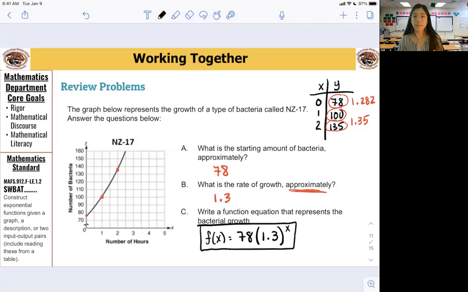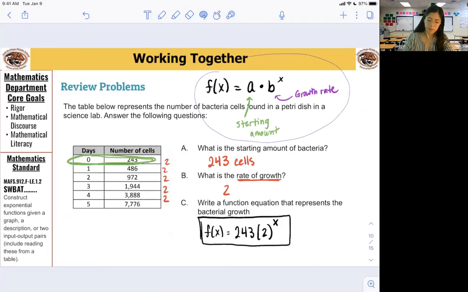So it's basically the same process with a graph. You just have to turn your graph into a table first, and that's going to be much easier than just looking at the graph. Does anyone have any questions on this one? How do you make the equation?